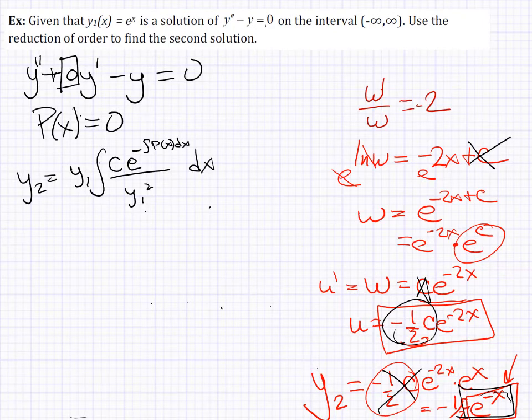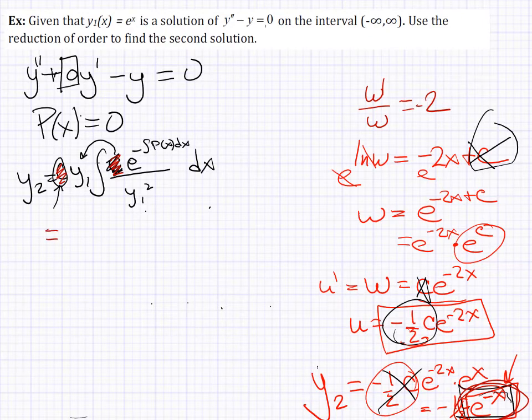Now, this constant here, much like I was talking about this constant over here, technically can come outside the integral because it's a constant multiple, and can come all the way out to the front here, in which case I really don't need it because I can just introduce it later when I'd say my general solution would be c2 times y2. So I'm going to start dropping that c off the formula. And we'll put it back in later. And you see we're going to end up with the same e to the minus x.